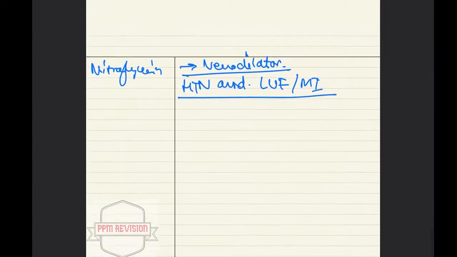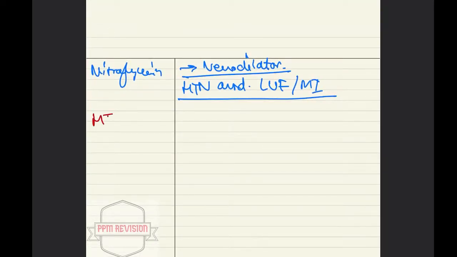In case of hypertension, what needs to be done? So this is a case of hypertension.